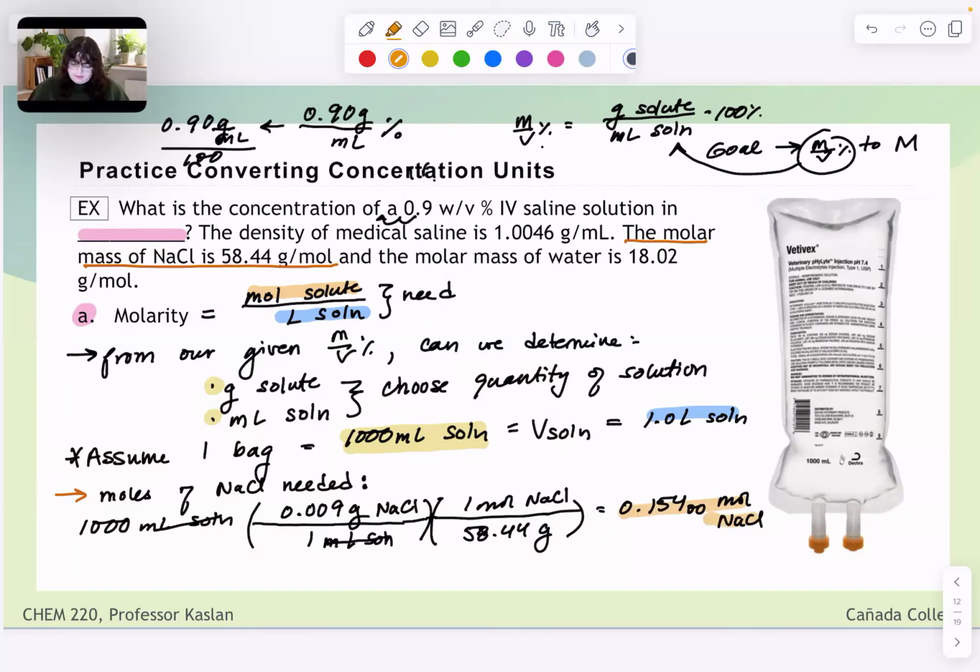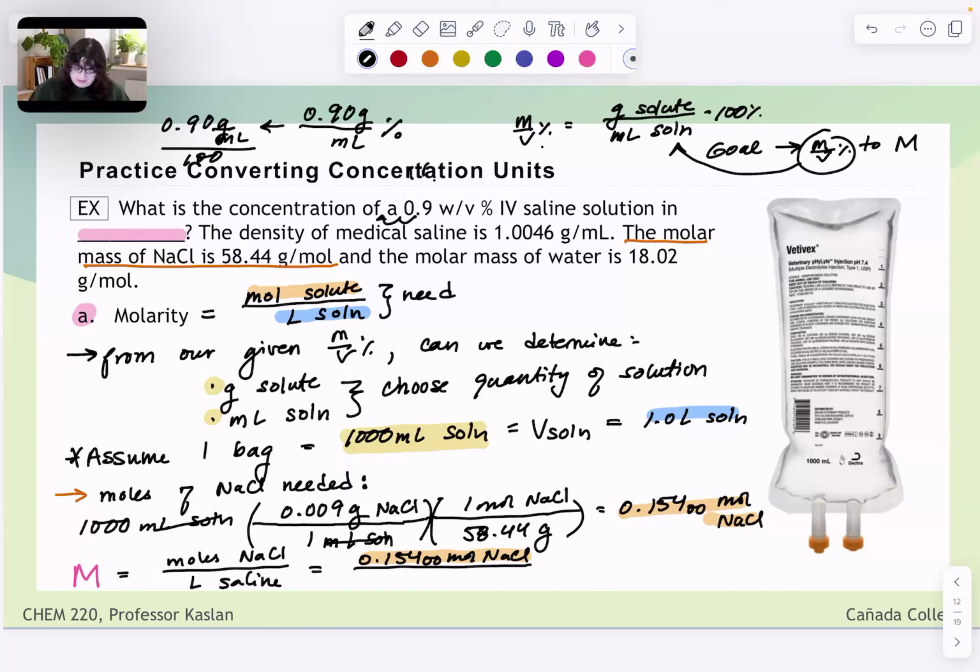And now I have my moles of solute, which means I can get my molarity. So my molarity is moles of NaCl per liter of my saline solution. Because I assumed I had 1,000 mL, this is going to be 0.15400 moles NaCl over my liters of solution, which, because this bag was so nice and gave us 1,000 mL, was 1 liter.